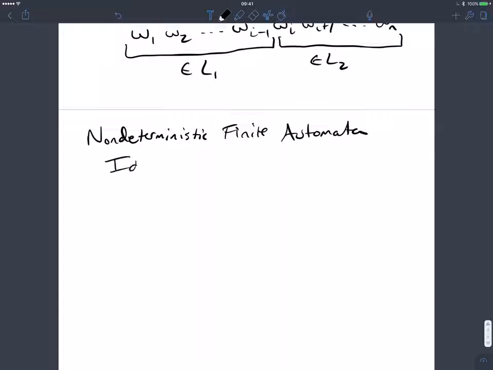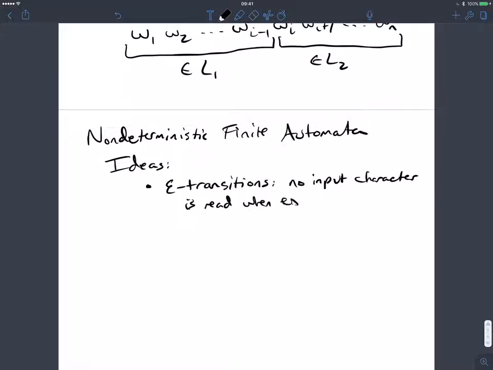So the idea here is we're going to have two things. We're going to have what are called epsilon transitions. Here, no input character is read when traversing the transition.